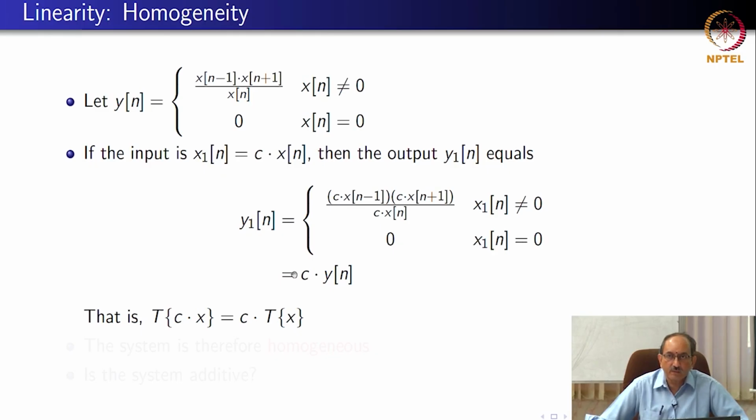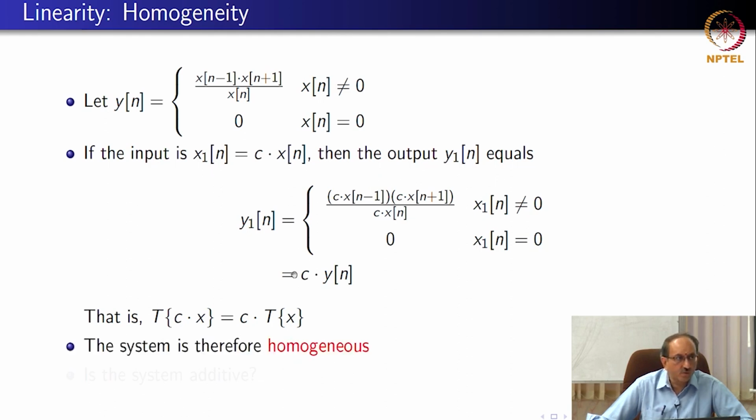And one look at the definition, in terms of additivity, is the system additive or not? What can you say about the system's behavior when you add two signals? It is not, because you see x of n minus 1 times x of n plus 1, you have a product there, you will have cross terms. So this system which is homogeneous, very easy to see that this is not additive.